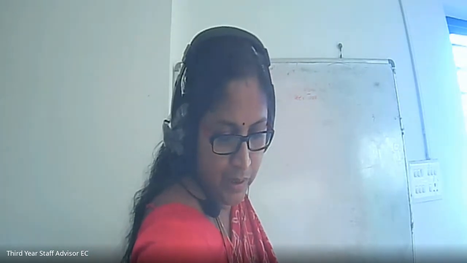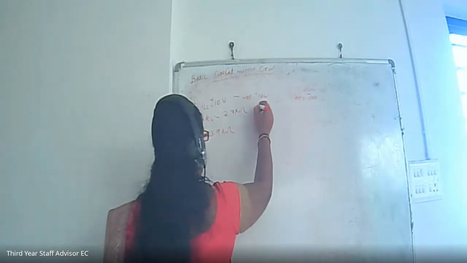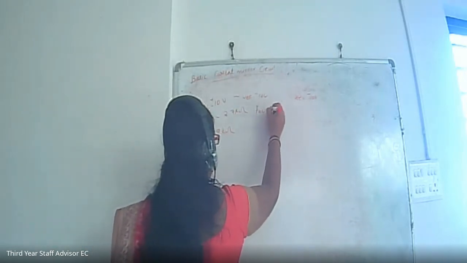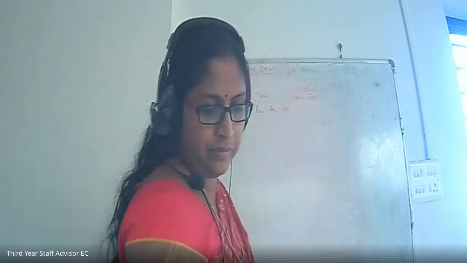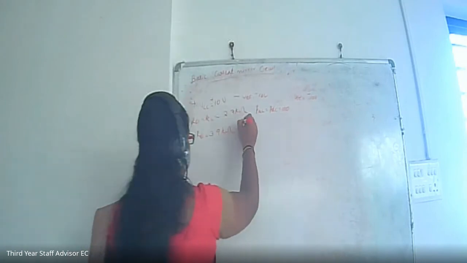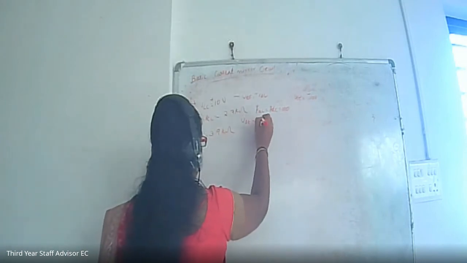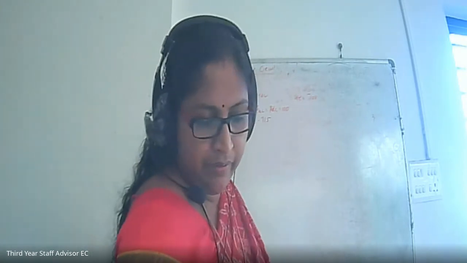Beta AC equal to beta DC equal to 100. VBE equal to 0.715 volt.